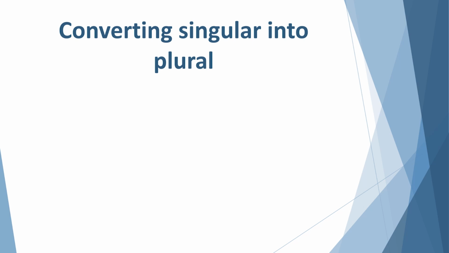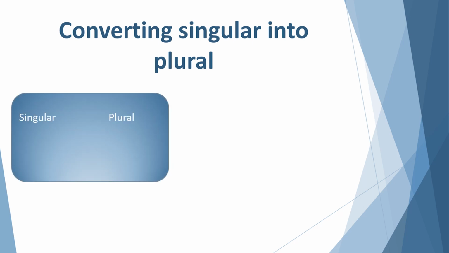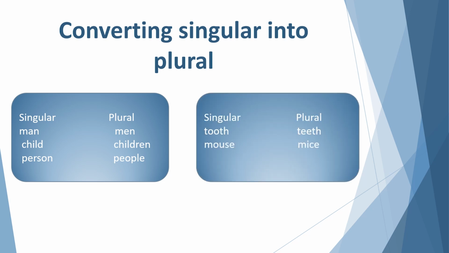There are some cases in which words are totally converted. Some of the examples are man, men, child, children, person, people, tooth, teeth, mouse, mice, goose, geese.